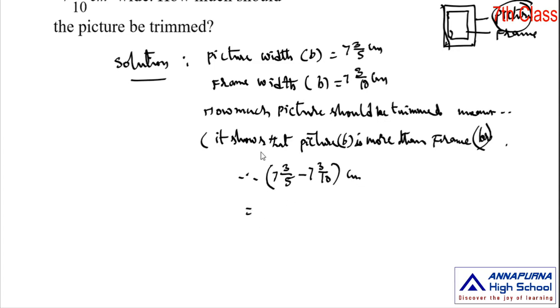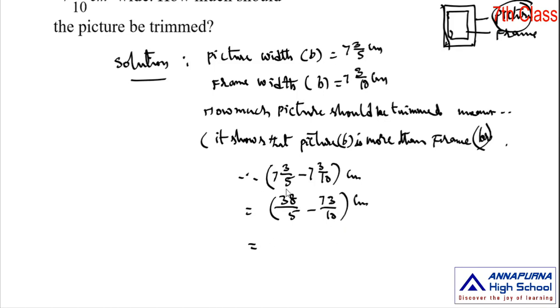So convert it to the improper. 5 sevens 35 plus 3, 38 by 5, minus 10 sevens 70 plus 3, 73 by 10 centimeters. These two are unlike fractions. Convert into the like fraction.